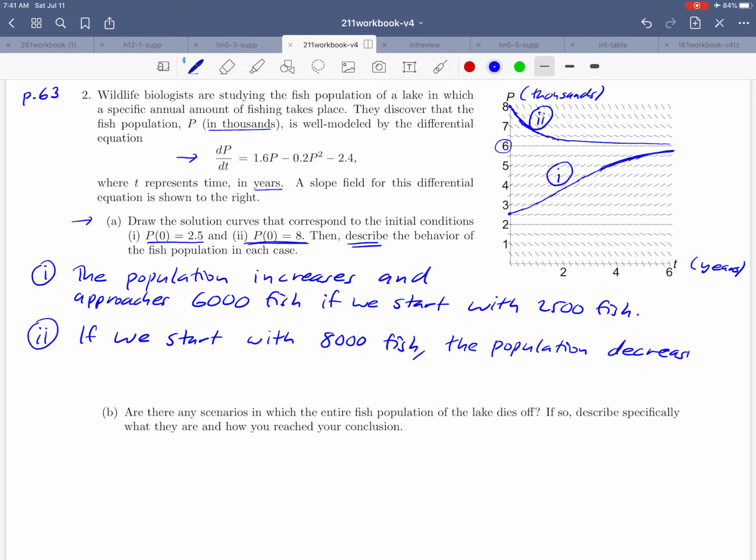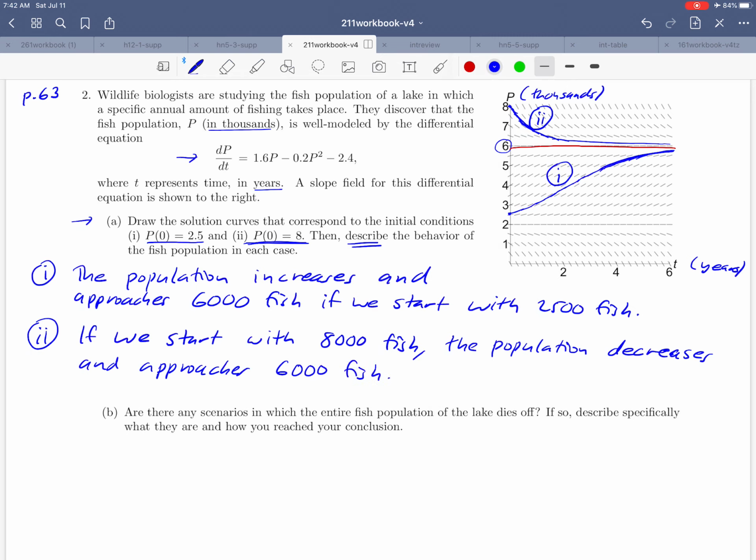And what do you think about approaching behavior? Does it look like we're approaching anything? It looks to me like we're approaching that same horizontal line of 6,000 fish. So I'm going to add that. The population decreases and approaches 6,000 fish.